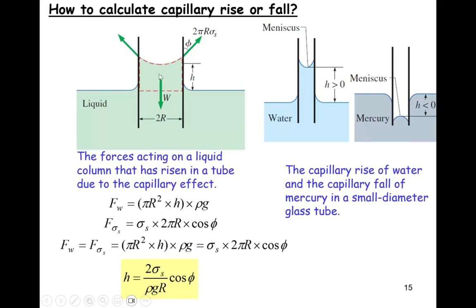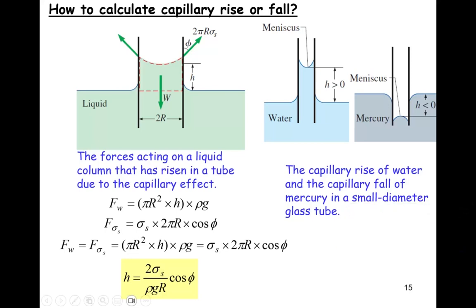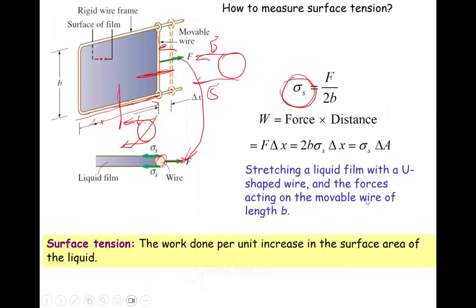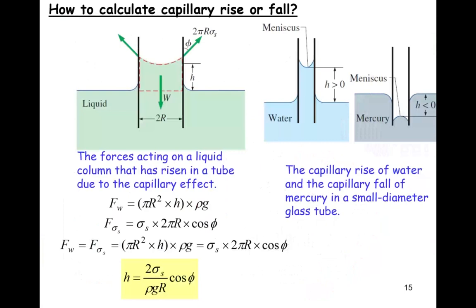So let's say we want to work out the capillary rise. This is basically a force balance: the force acting due to surface tension and the force acting due to the weight of the water inside this control volume.